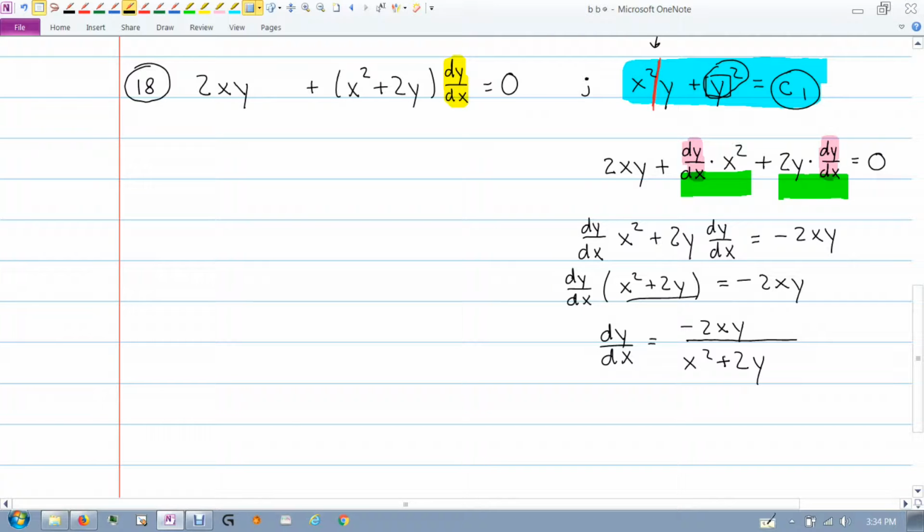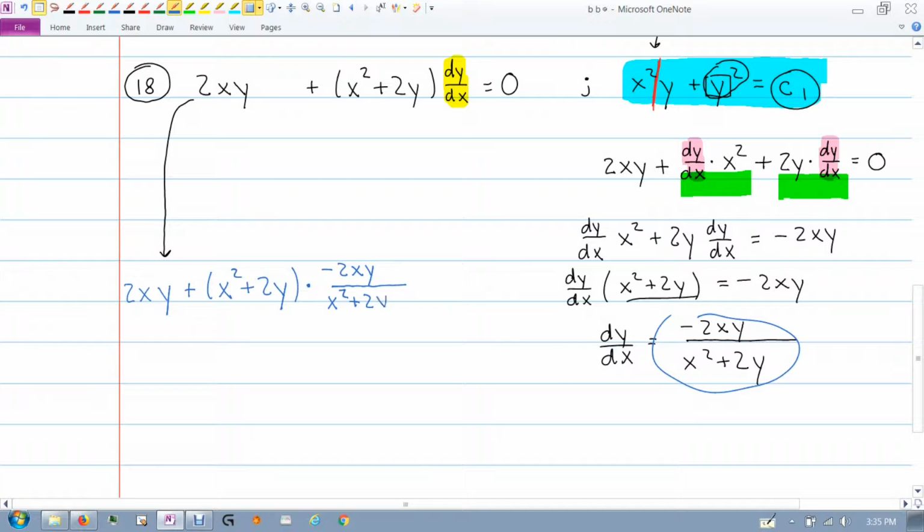Okay, now let's try to plug everything in. So we start here, and when we plug that in, we get 2xy, I'm just going to leave it as y, plus x squared plus 2y times dy dx, which is this right here, so times negative 2xy over x squared plus 2y.